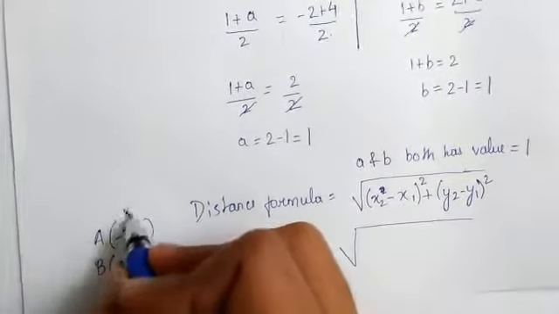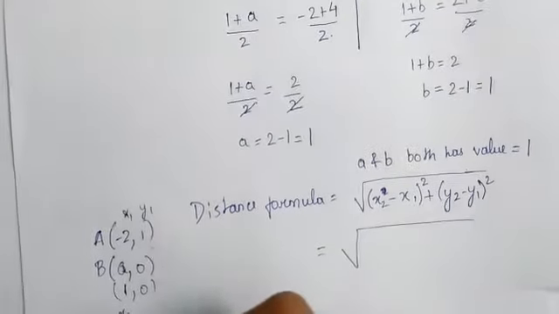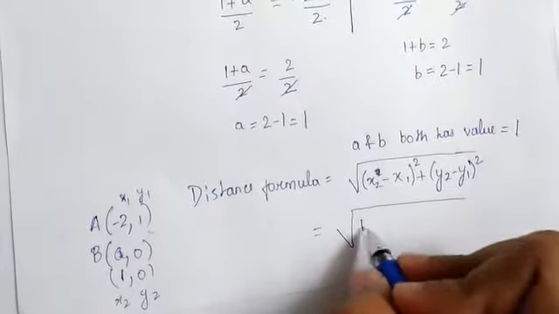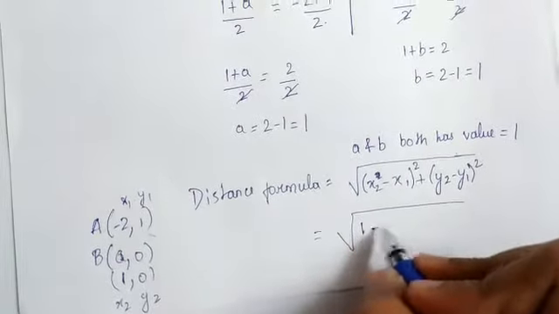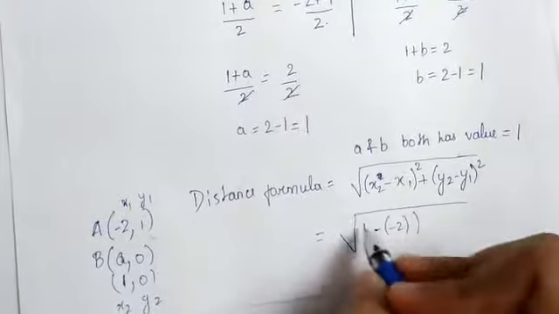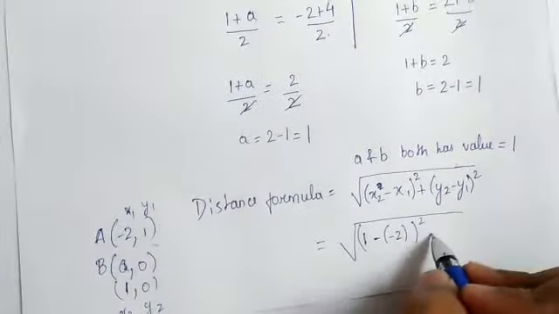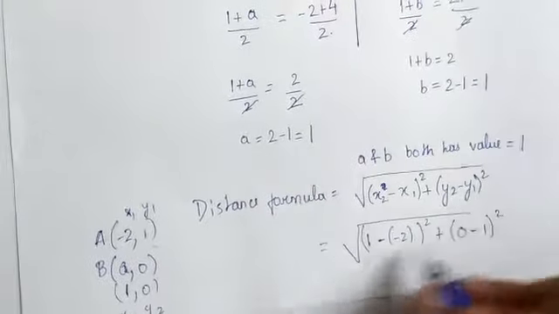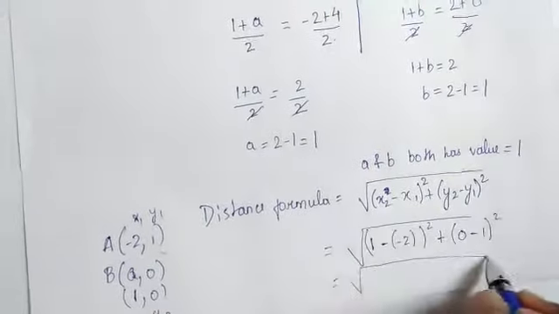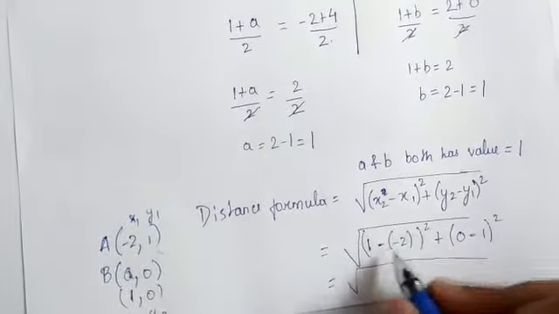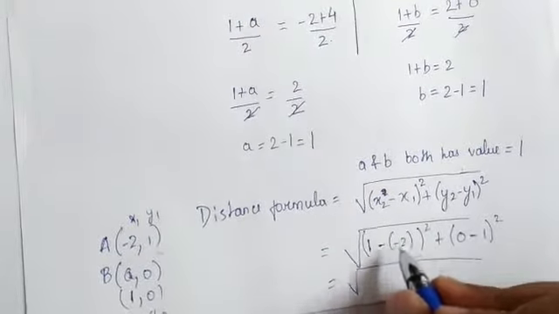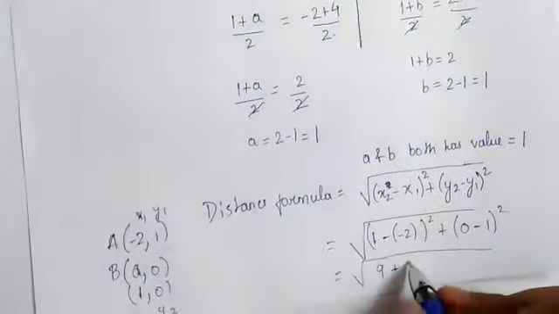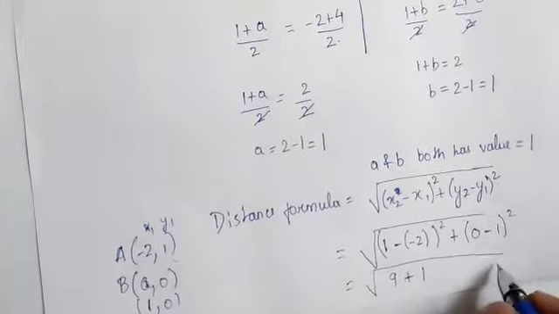Let's say this is x1, this is y1, and this is x2, this is y2. Just substitute the values. x2 is 1 and x1 is -2, plus y2 is 0 and y1 is 1. So 1 minus minus 2 is 3, 3 squared is 9, and minus 1 squared is 1. So that comes up to be root 10.